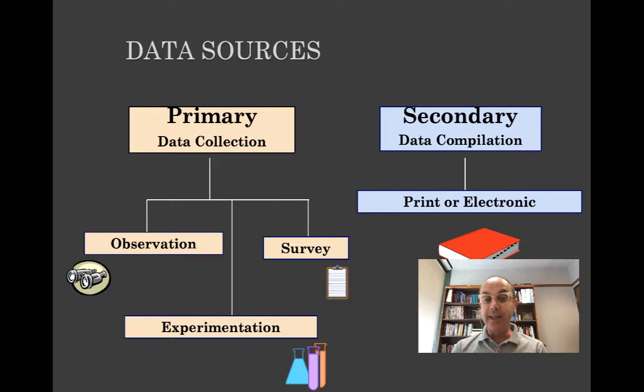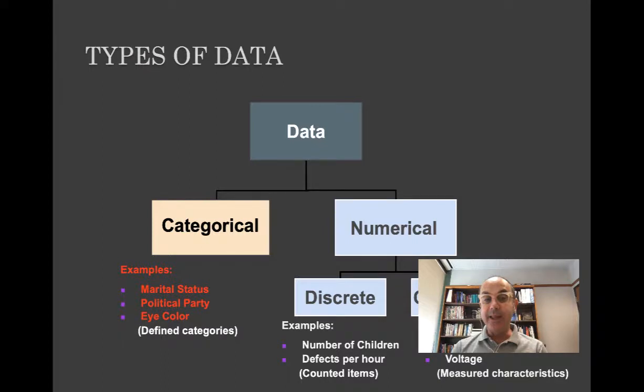Secondary data collection is going to a library or existing data collection and taking that collection and trying to analyze it. Those are the two types of sources, and as a result, when we are trying to classify the data, we often define the data into two types: categorical data versus numerical data.